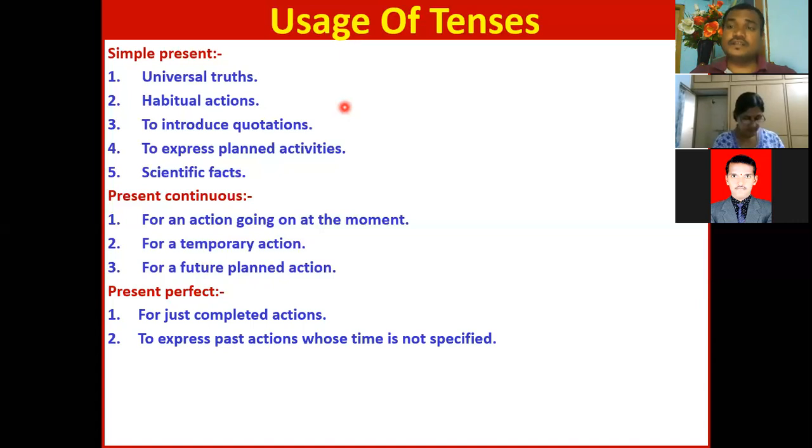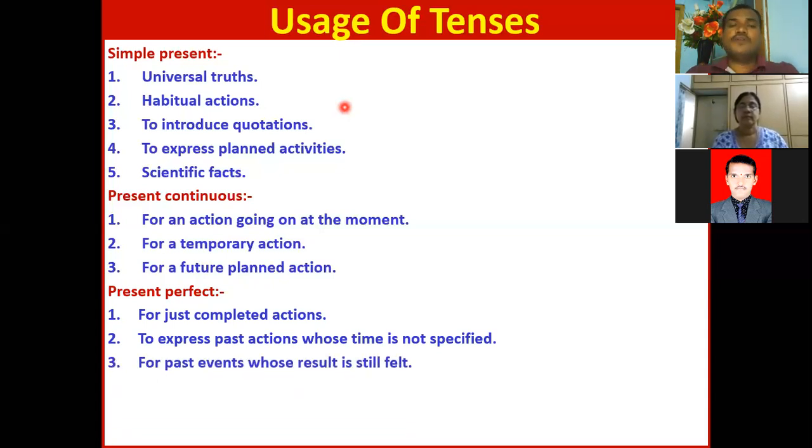So when that action was completed, if you don't have clear information, in that case you should use present perfect.